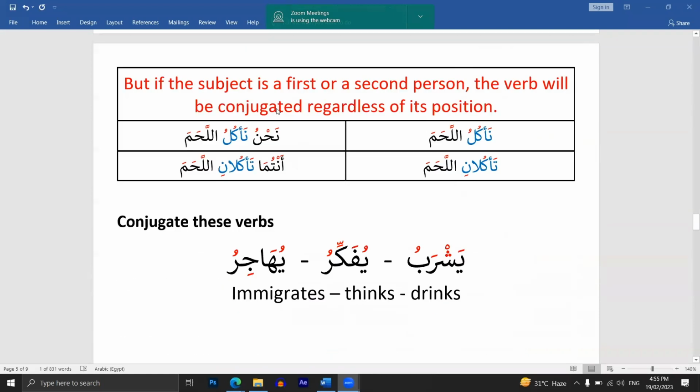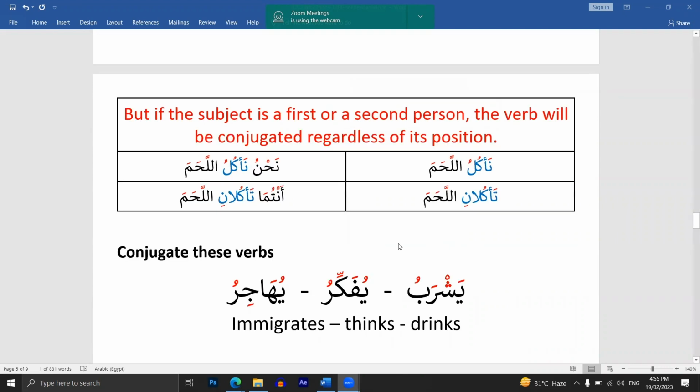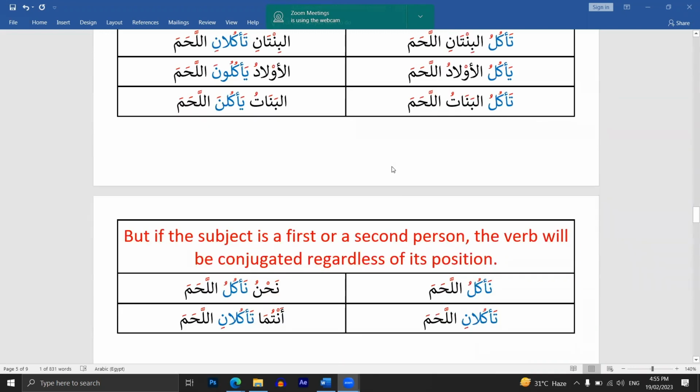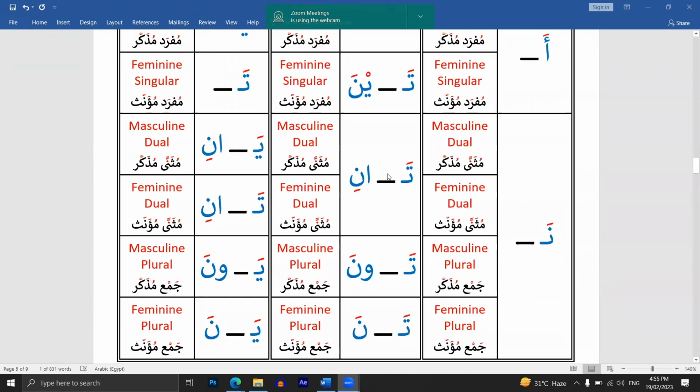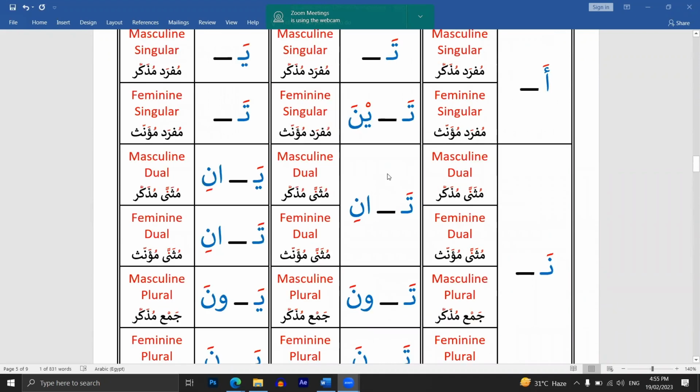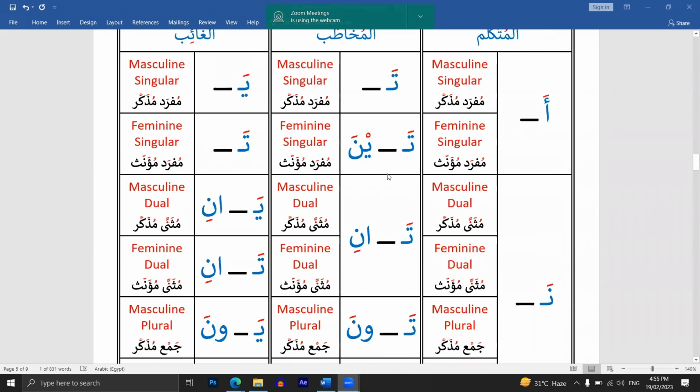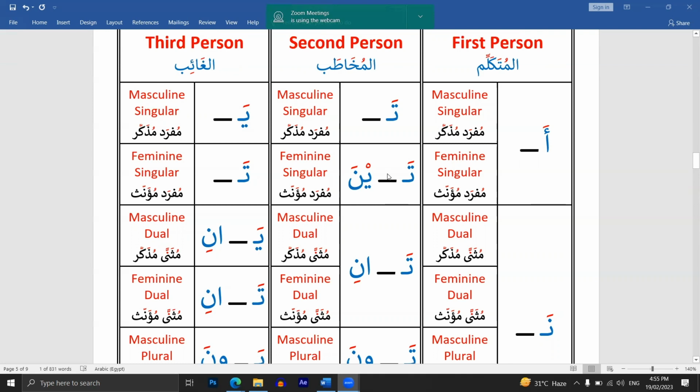I have one doubt. Okay. This second person masculine and third person feminine, both begin with ta, right?